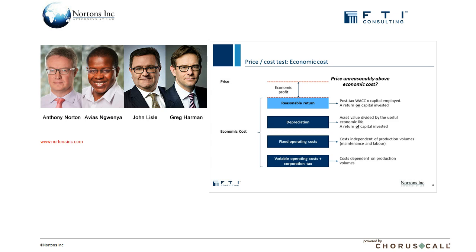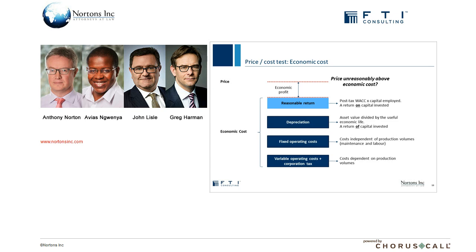There's then a question of fixed costs. Obviously, that is a cost that should go into economic costs. Many firms, unfortunately, don't allocate fixed costs between individual products. Some do, some don't. But if they don't, then there has to be an allocation of costs to the product under investigation. And of course, there is a question as to how one allocates costs and whether that's a reasonable way of allocating costs for these purposes.